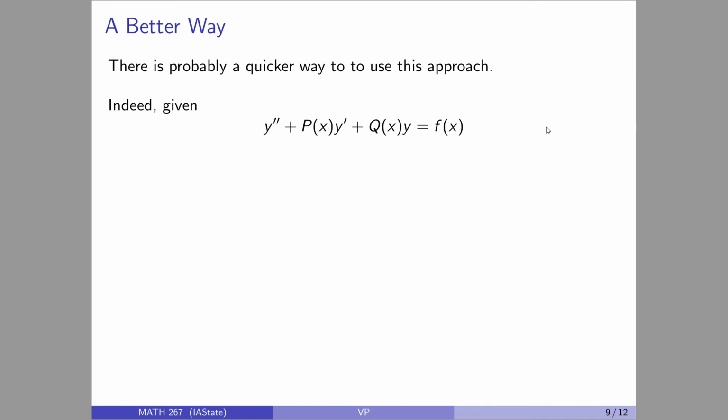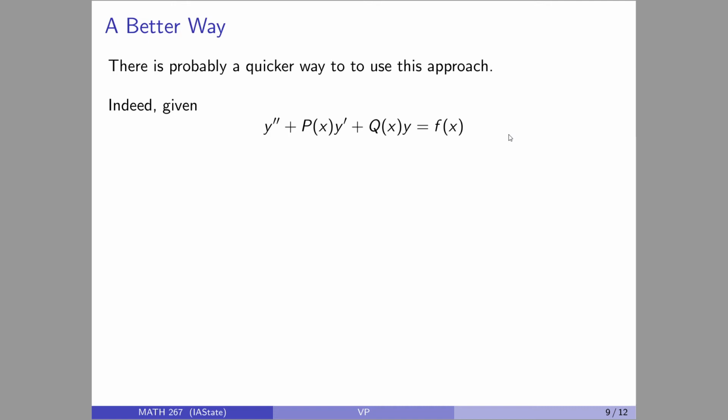Your textbook goes through the derivation, so go ahead and check that out if you're interested. But basically, if you're looking at a linear, second-order differential equation, note, not necessarily constant coefficient, you get variable coefficients, turns out. This method is pretty cool.